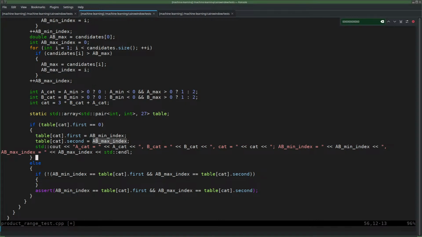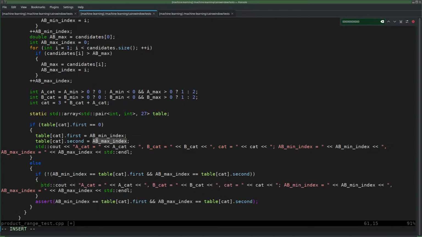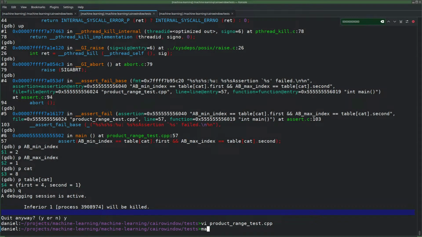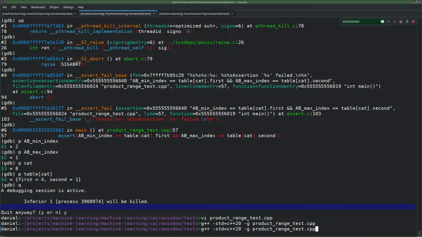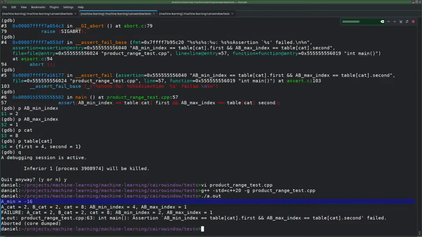Print the same thing, I guess. That's not really helping, is it?